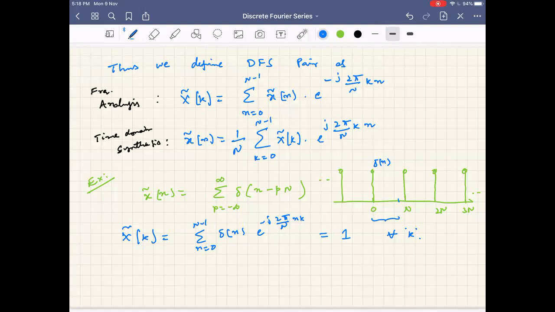So if you want to represent the signal, it is an impulse train in the frequency domain as well, because it's periodic in the frequency domain.